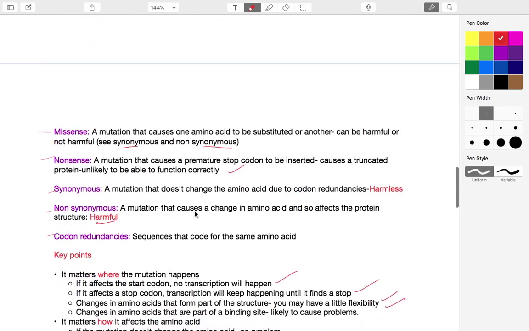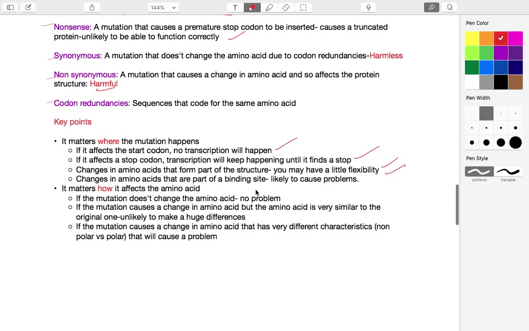So this brings me to the point that if the mutation doesn't change the amino acid, then no problem. You won't notice. If the mutation does cause a change in amino acid, but the amino acid is very similar to the original one, it's unlikely to make a huge difference, which obviously brings us to our point up here. If the mutation causes a change in amino acid that has a very different characteristic, so non-polar to polar, that's probably going to cause a problem.